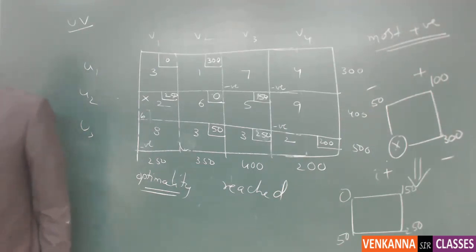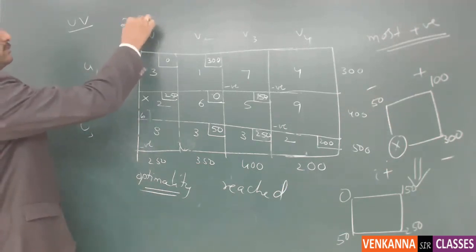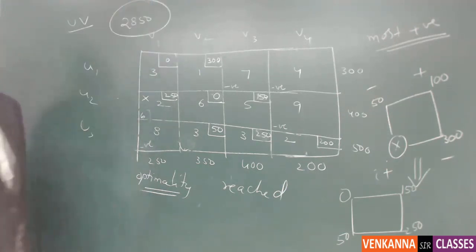However, the optimal solution in this case is nothing but 2850, that is obtained by VAM, but the allocation is different. However, after finding the optimal solution, sometimes the value of VAM will coincide again, sometimes you will get a different value.